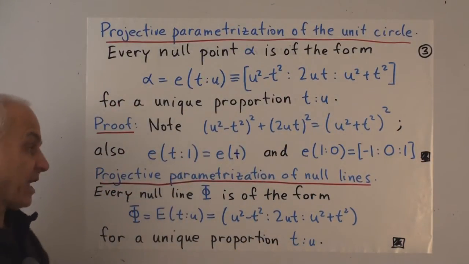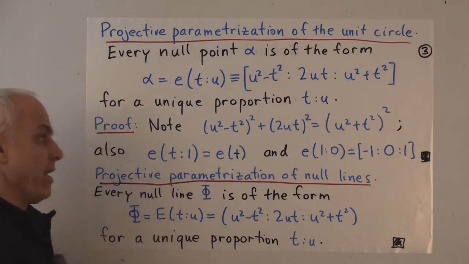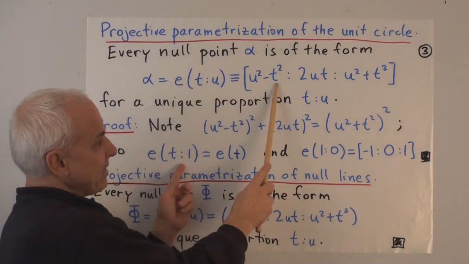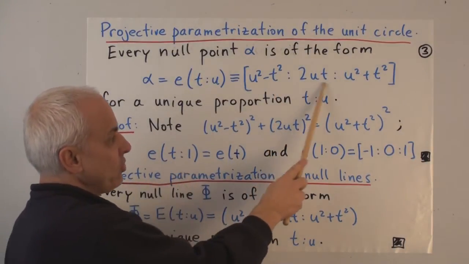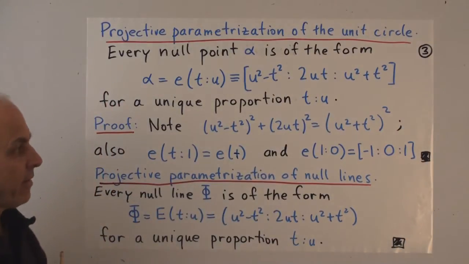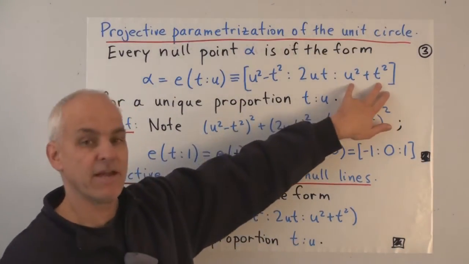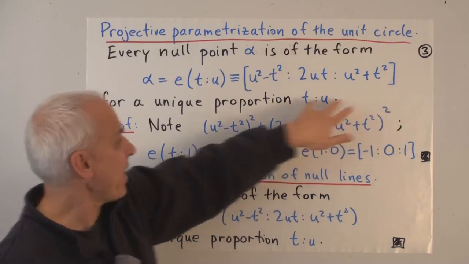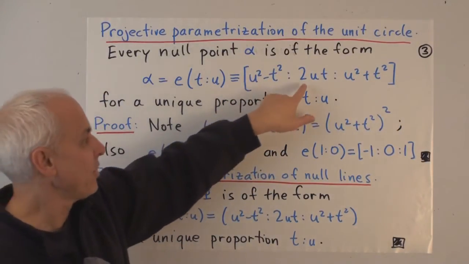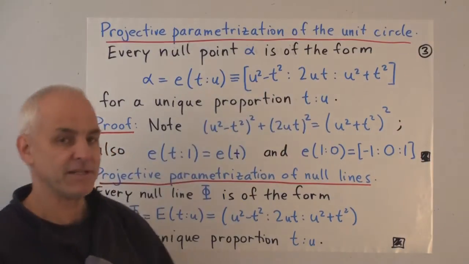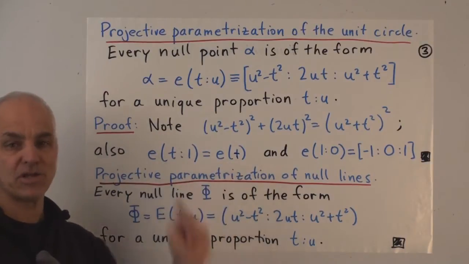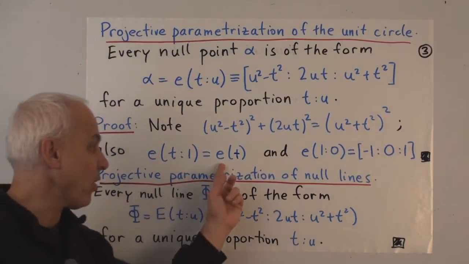The other thing to observe is that if we consider the proportion t to 1, in other words, when u is equal to 1, we get 1 minus t squared here, we get 2t here, and we get 1 plus t squared there. And then 1 plus t squared is never 0, so if we divide by that, we get 1 minus t squared over 1 plus t squared, comma, 2t over 1 plus t squared. So we're recovering the earlier rational parameterization in terms of what we called e of t.